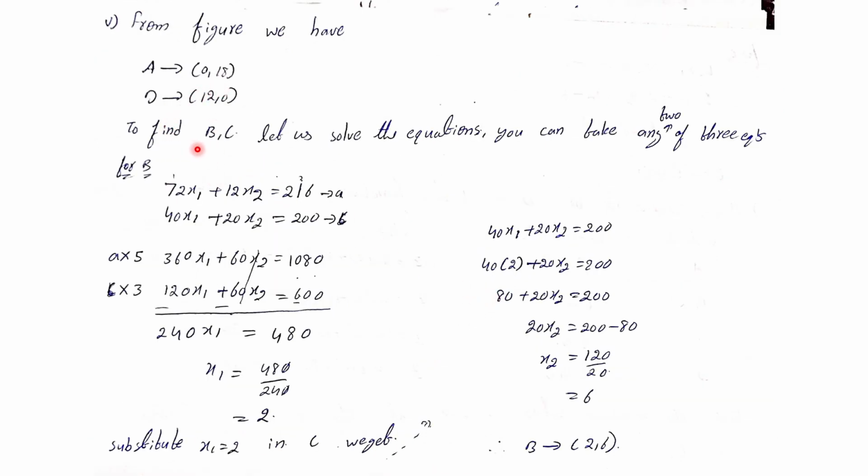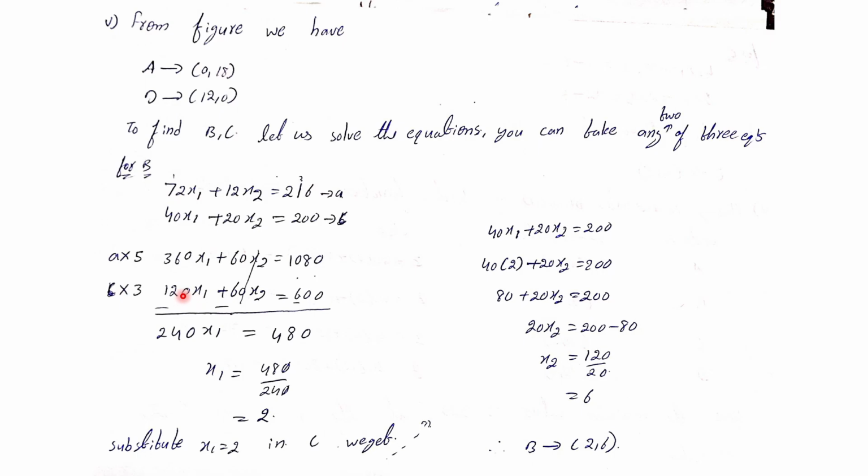To find B and C, let us solve the equations. You can take any two of the three equations. Initially you were given three equations, and you can choose any two of them. By solving both, you can get point B and point C. I consider equation A and equation C. First, make sure that the coefficient of one of the variables is the same before you subtract the equations.